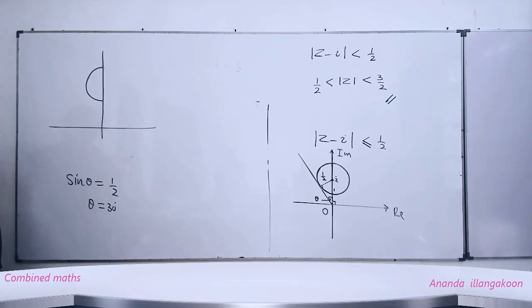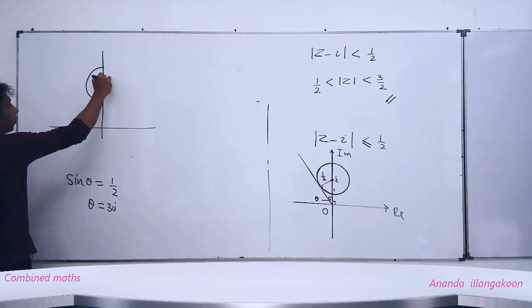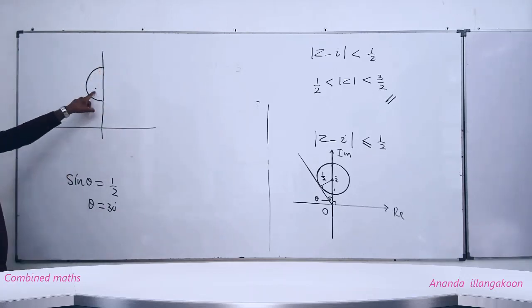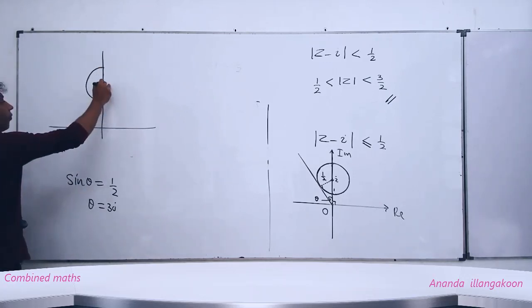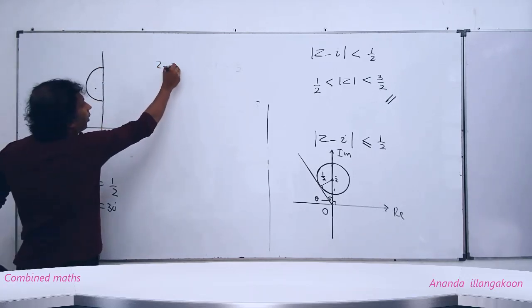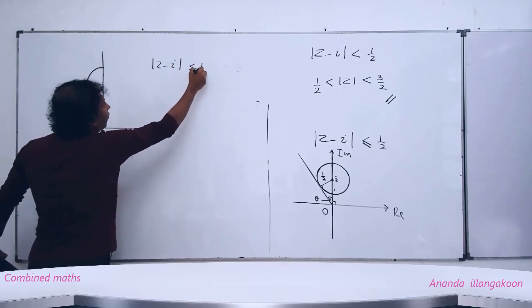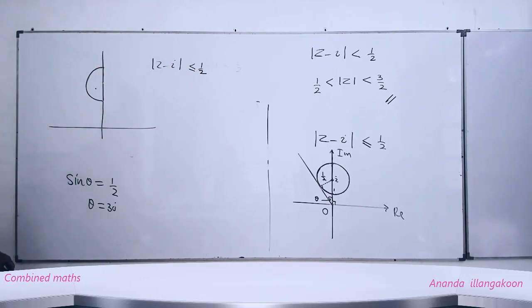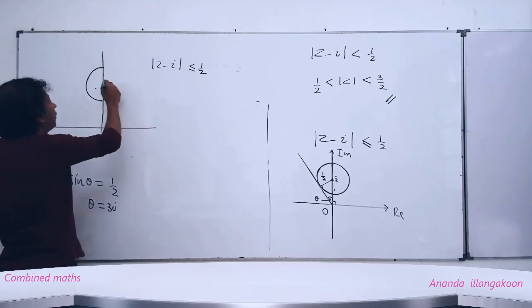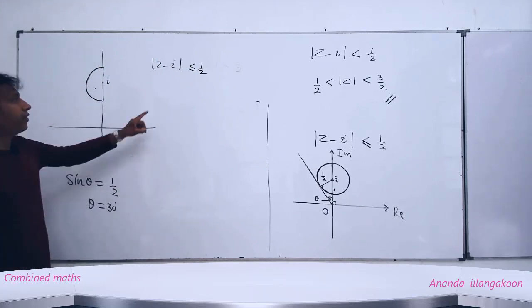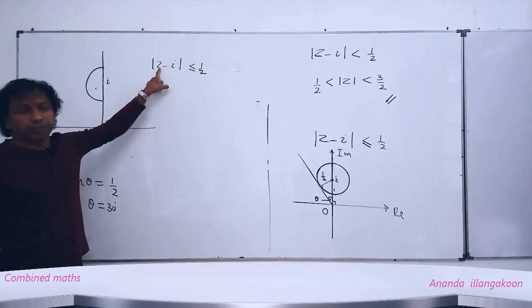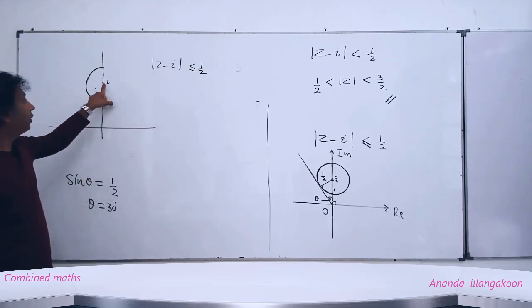Then when you consider any complex number in this region, somewhere here, the condition modulus of Z minus i less than or equal to half is satisfied. Z minus i means, this is i, the distance from i to the complex number.